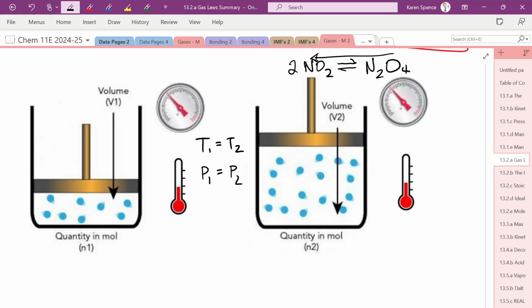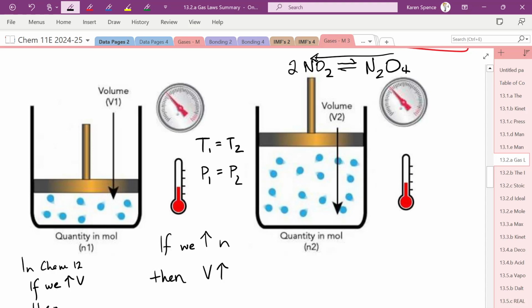Okay. And we'll say in this case, maybe if we added more, if we increase N, then volume will increase. And we'll put over here in Chem 12, if we increase volume, then N will increase.